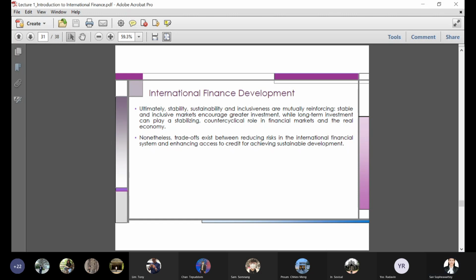So it's easy to say we want to have greater investment, stability, sustainability, and financial inclusion. But in reality, it's hard for policymakers to mutually reinforce these three objectives at the same time.